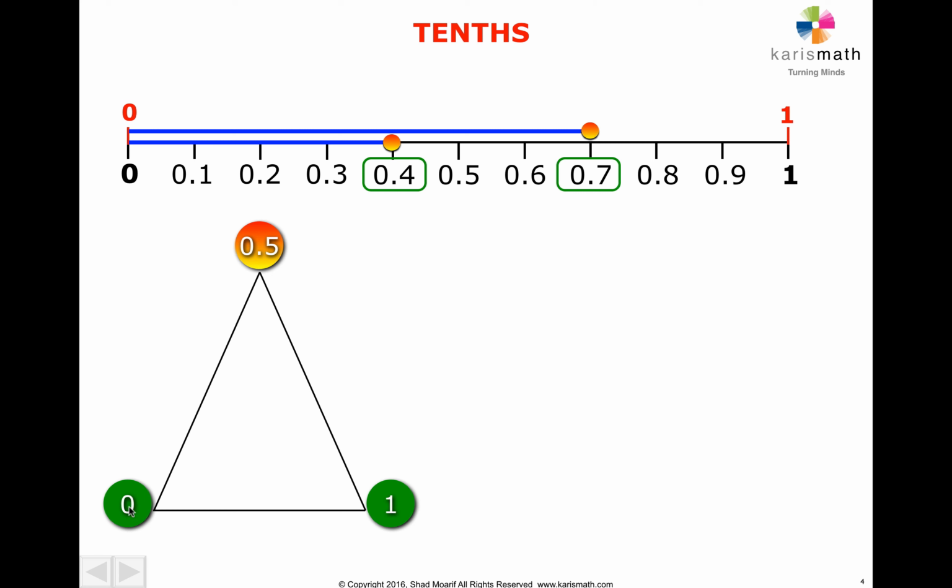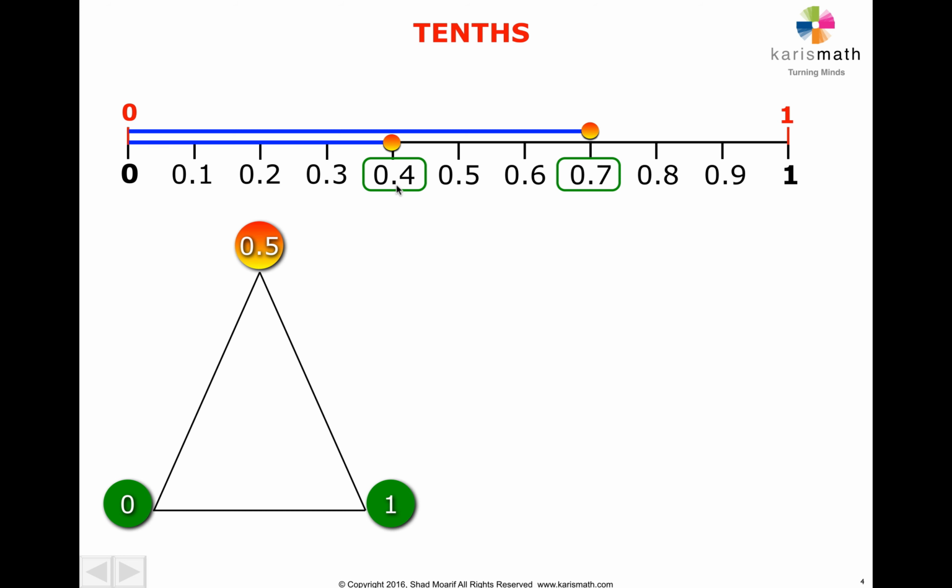So it rises from 0 all the way to 0.5. That means 0.1, 0.2, 0.3, 0.4, and so on. And then slopes downwards 0.6, 0.7, 0.8, and so on, all the way to 1 whole.